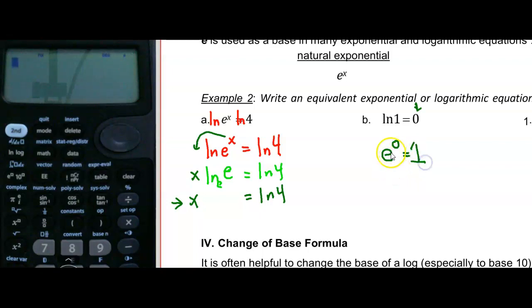All this is saying is e to the 0 power equals 1, just like anything else to the 0 power equals 1. So it's the same old thing we did on the first day of logarithms, converting back and forth between log form and exponential form, doing the same thing here but using this new logarithm called the natural log.